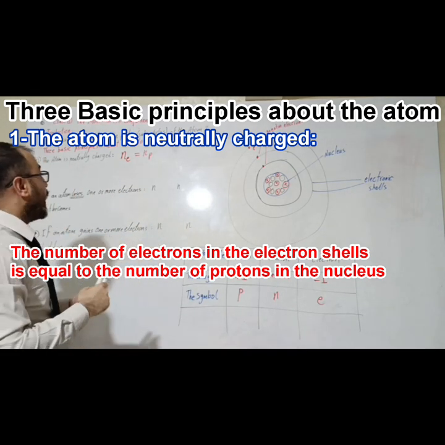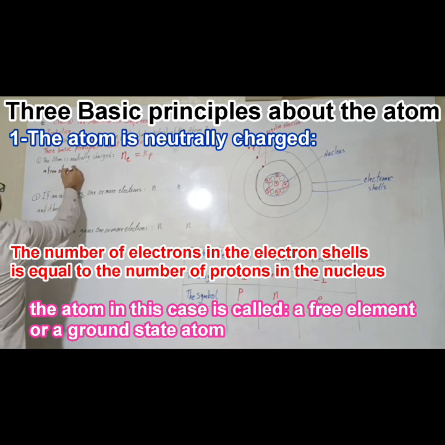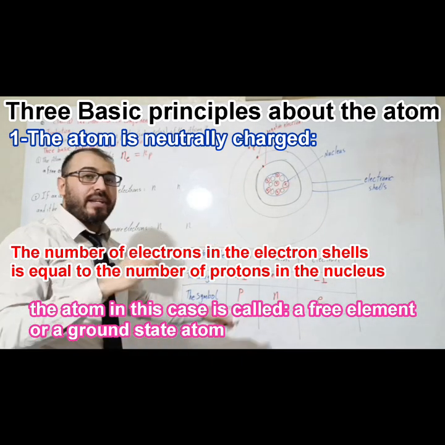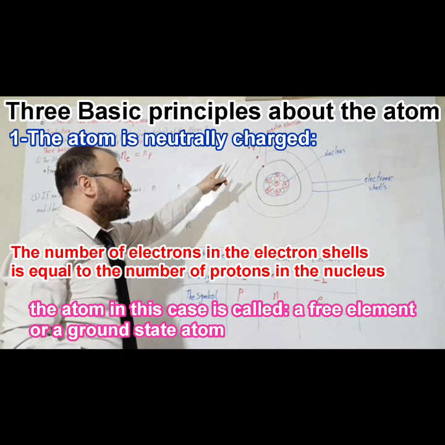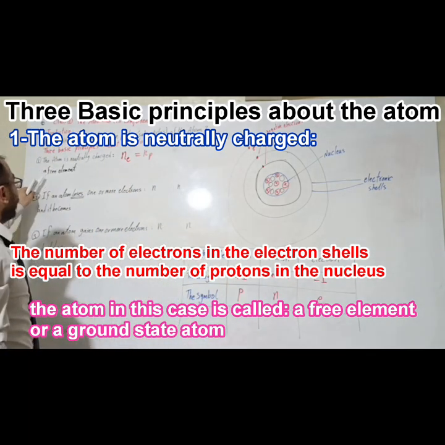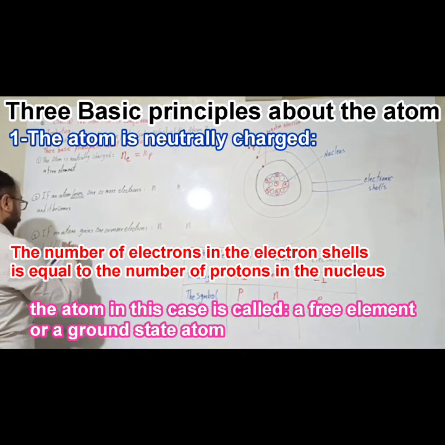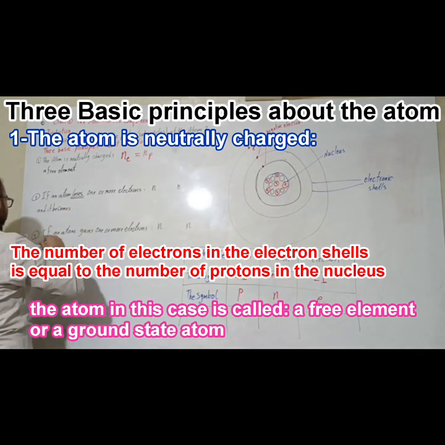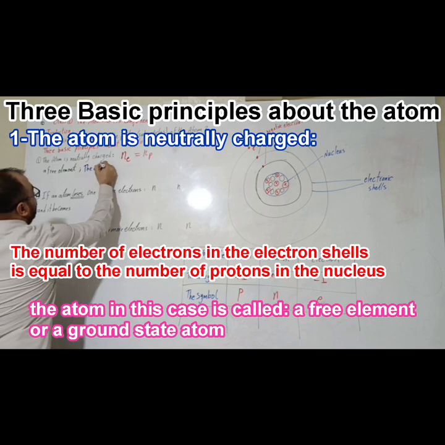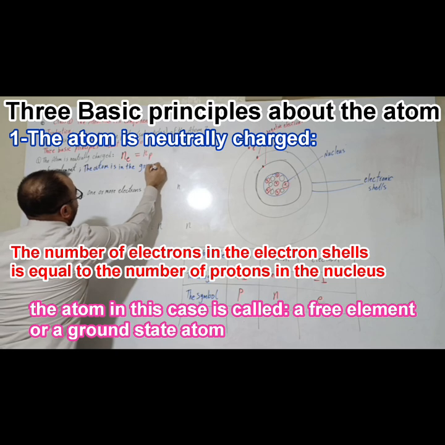This is what we call a free element. So when the number of protons inside the nucleus is equal to the number of electrons in the electronic shells, we call the atom a free element, and we say that the atom is in the ground state.